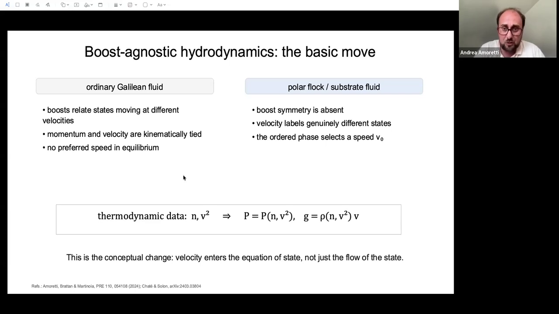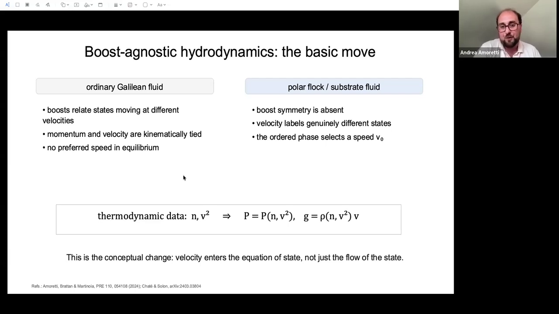Okay. So what we did was to say, first, contrary to what people usually do, since you are breaking boost, the velocity, as you do typically in a boost-agnostic formalism of hydrodynamics, must enter into your equation of state. So it must enter into your equilibrium generating functional.